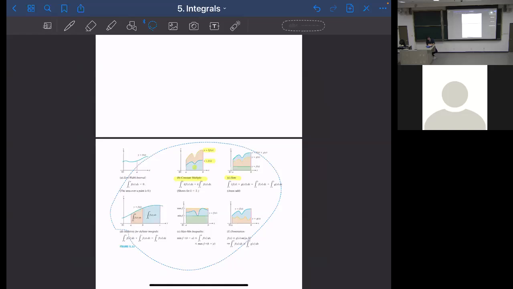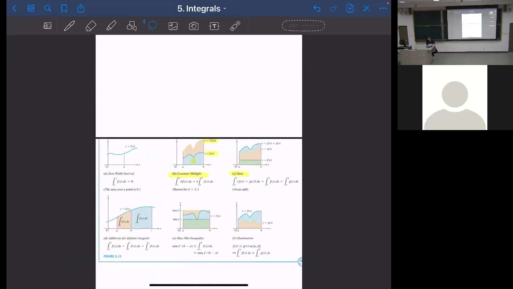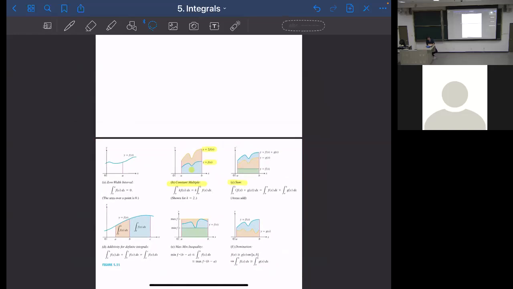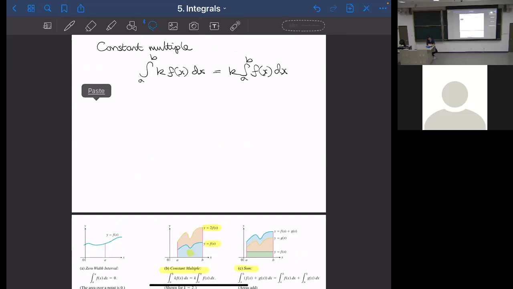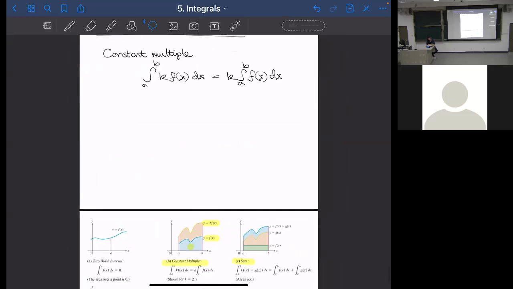Sum is saying that if I have two functions f and g, and I add them together, then the integral is going to be the sum of the two integrals.